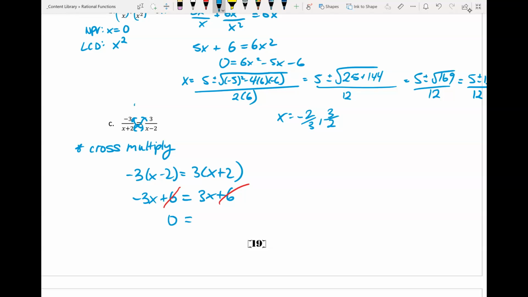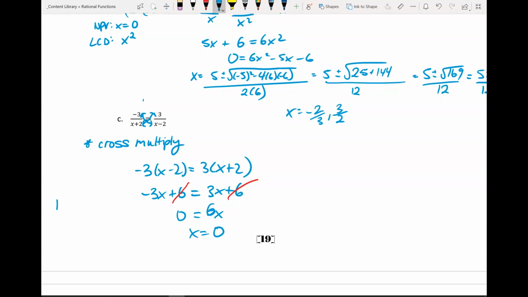We can add 3x to both sides. We're going to get 6x, so that means x is equal to 0. For our NPV for this one, it would just be x is equal to plus or minus 2, and because our answer is x equals 0, it's not an NPV, so we're good. Okay.